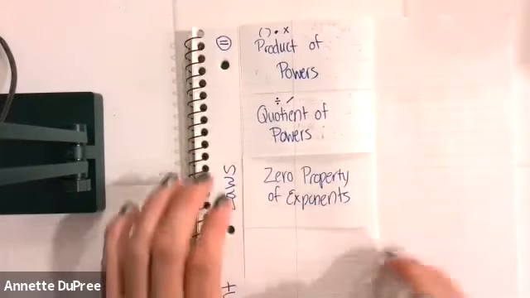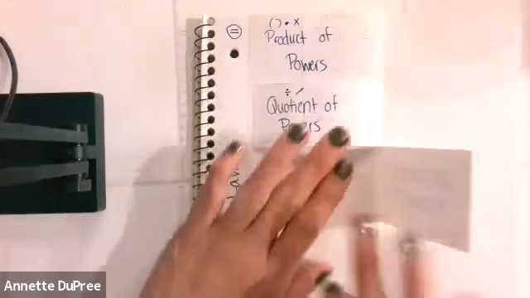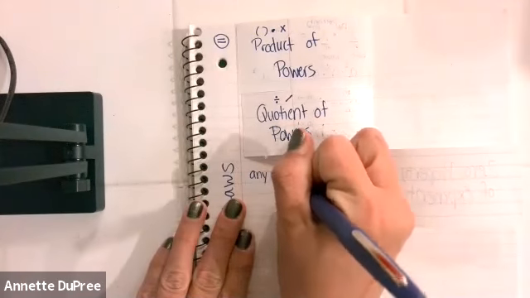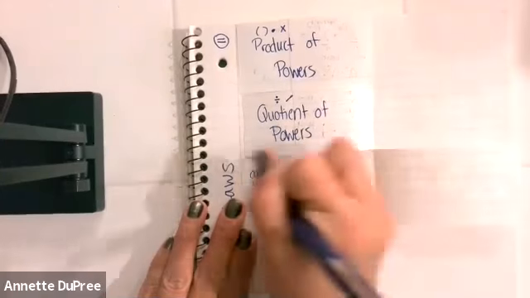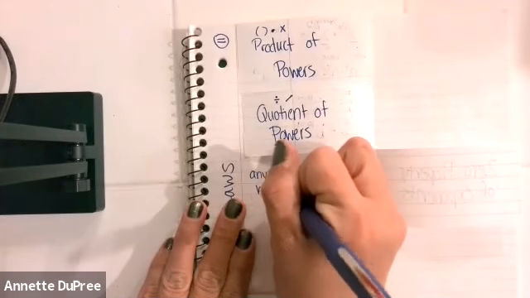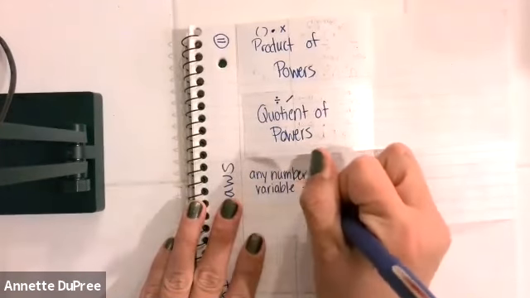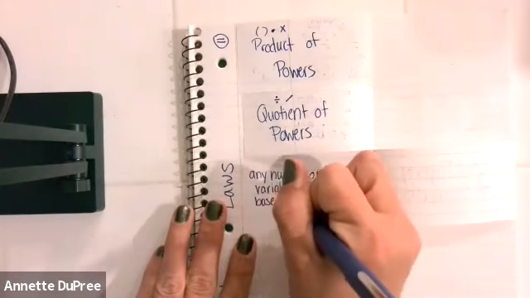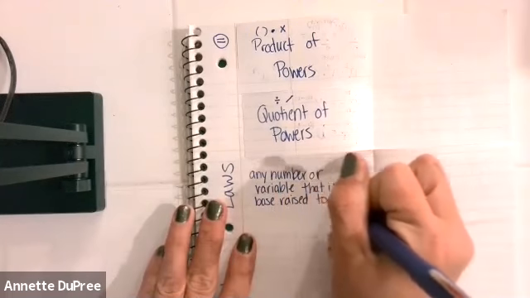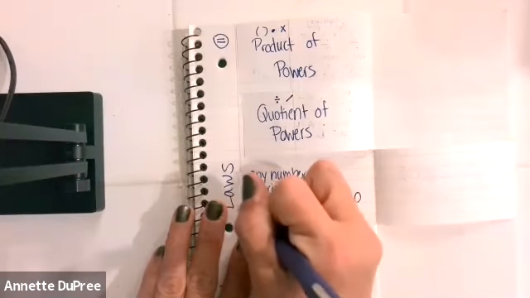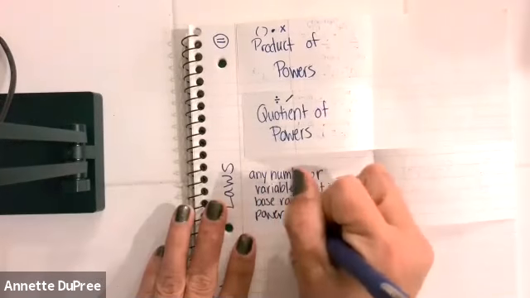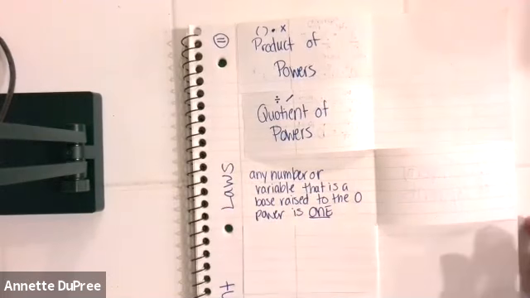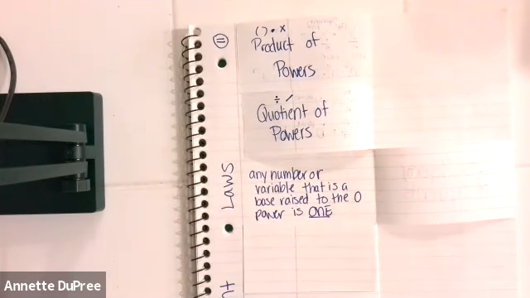Probably our easiest and our favorite rule, and that rule says any number or variable that is a base raised to the 0 power is 1. We want to say it's 0, but it's actually 1.